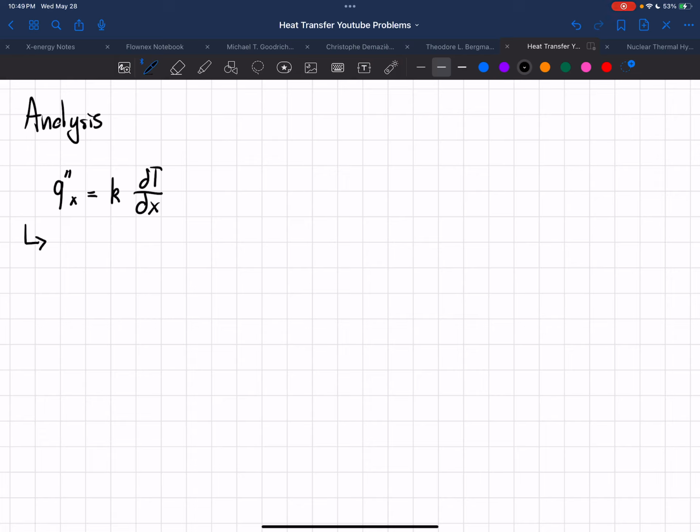We're going to rearrange this equation to get k on its own. And that means k is going to be q double prime sub x times dx over dT. And I'm going to write this a little bit more explicitly. The q double prime sub x we can't change, but dx we're going to rewrite as L.